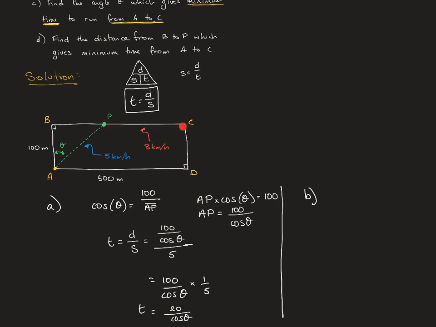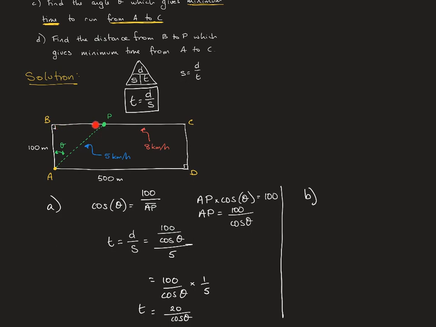So this distance is going to be 500, take away whatever B to P is. Now we just found out what A to P was using trigonometry, and so we can do the same to find from B to P using trigonometry.